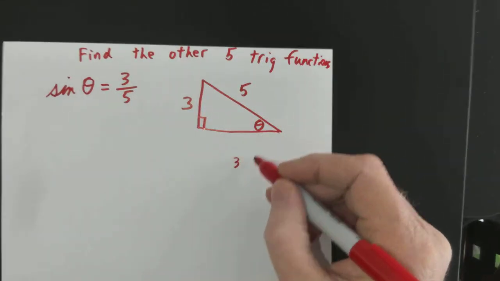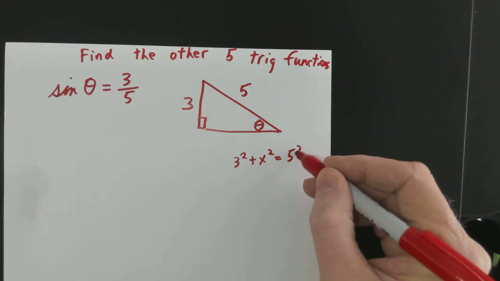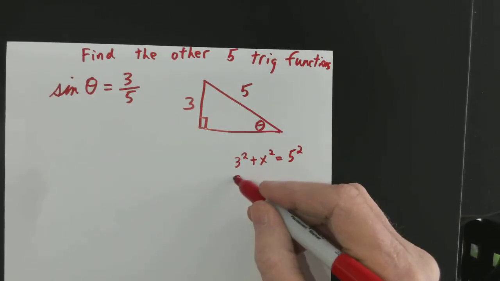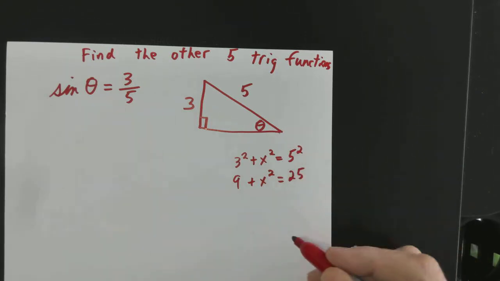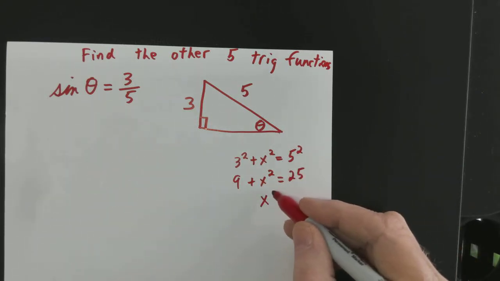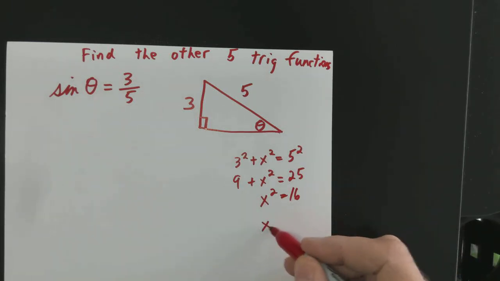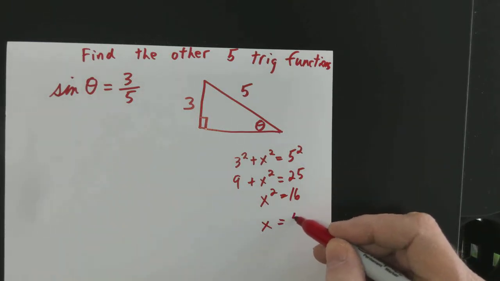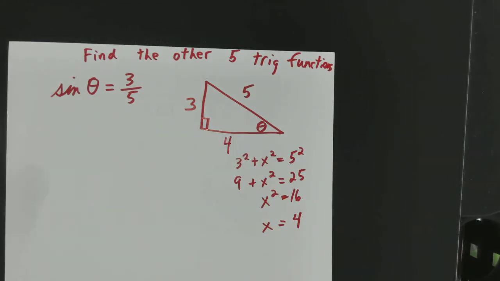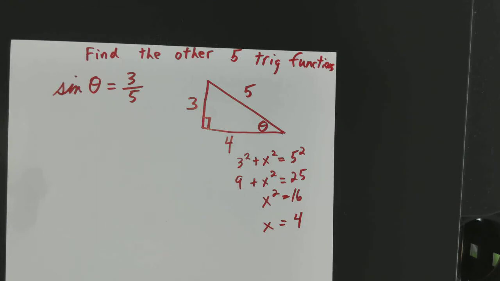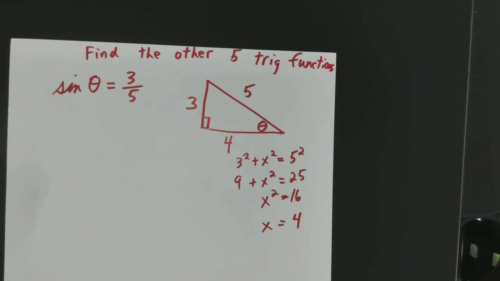So 3 squared plus x squared equals 5 squared. And 9 plus x squared equals 25. Well, this is not going to be bad. Subtract 9, you got x squared is 16. When you take square root, what's x? 4. Ever hear of Pythagorean triples? I think this is the most basic of them. The 3, 4, 5 triangle is a Pythagorean triple.